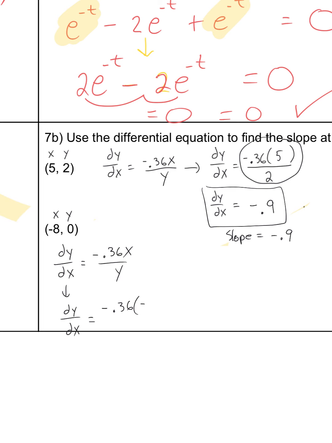Our x is negative 8 this time, and my y is 0. Okay, now, hey, I can't divide by 0, so that is going to give me an undefined slope. So our slope is undefined. Can't divide by 0.